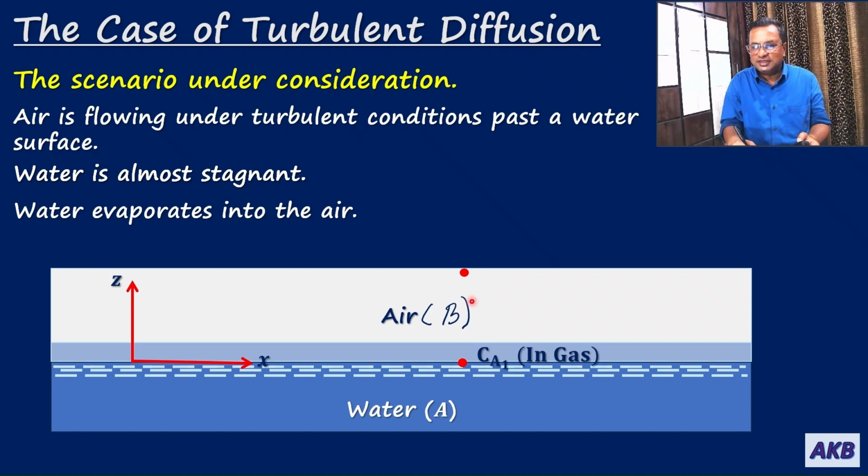And then we will consider another point away from the surface of water, where concentration is Ca2 in gas. So there is a concentration gradient, and due to this concentration gradient, water vapor is diffusing through turbulent air. That is the case. So let us move ahead.